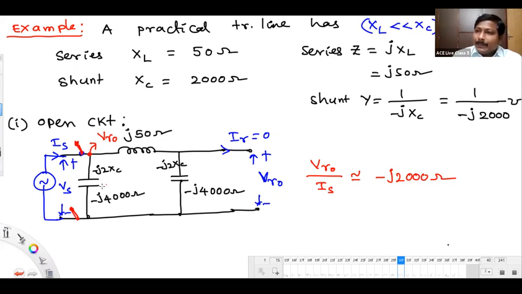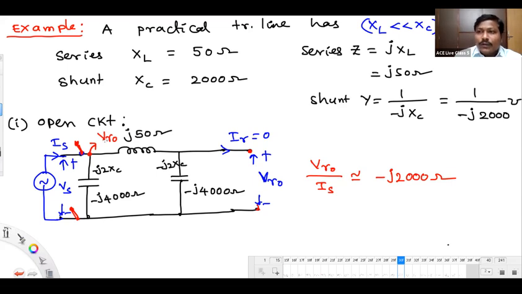Generally, what is the formula for impedance seen? Voltage to current ratio. As this minus J50 is negligibly small, this VR0 point voltage and that point voltage might be almost equal, because the major voltage will appear across only the 4000 ohms rather than the 50. So this node voltage will be written approximately VR0.